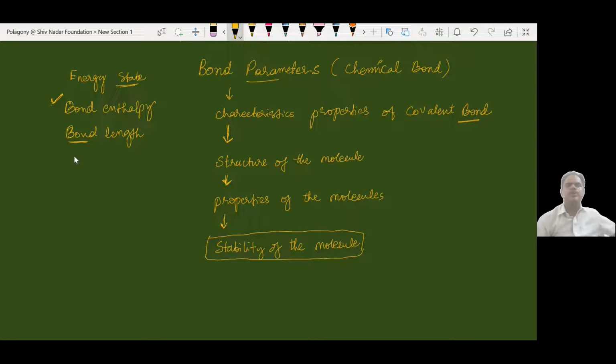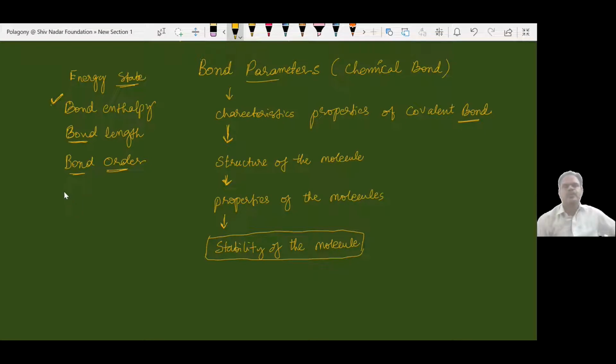To know the bond length between the atoms, we must also know how many electron pairs are shared between the atoms. That means we must know the bond order. Bond order means the number of bonds between the atoms: single covalent bond, double covalent bond, triple covalent bond.